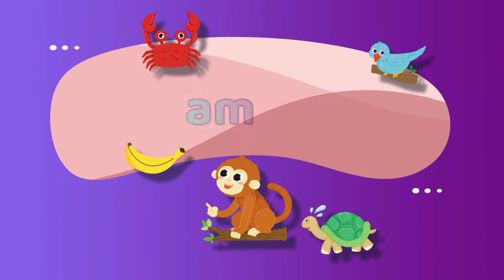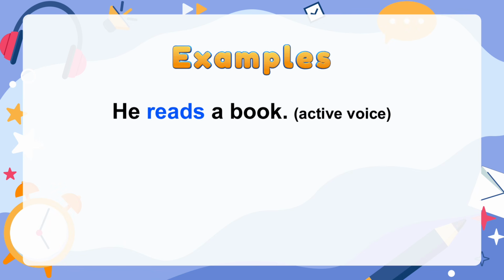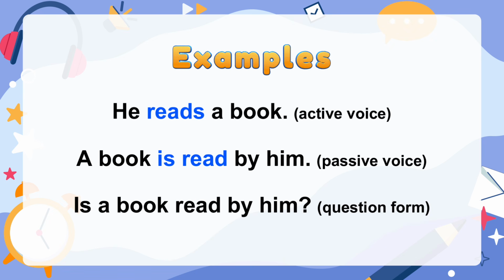Examples. Here are some examples. Active voice. He reads a book. Passive voice. A book is read by him. Question form. Is a book read by him? In the question, we have the be verb is, the subject, a book, and the past participle, read.